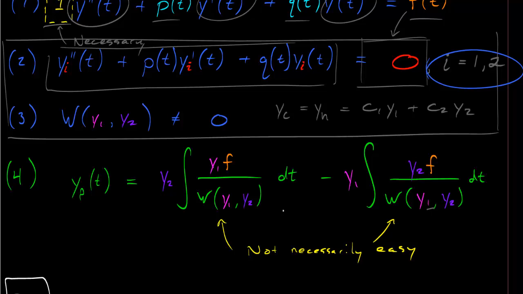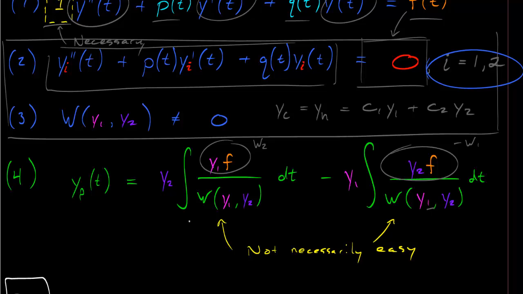Now, before I move on, it might be worth mentioning that sometimes this numerator is referred to as W2, and this numerator is referred to as negative W1.